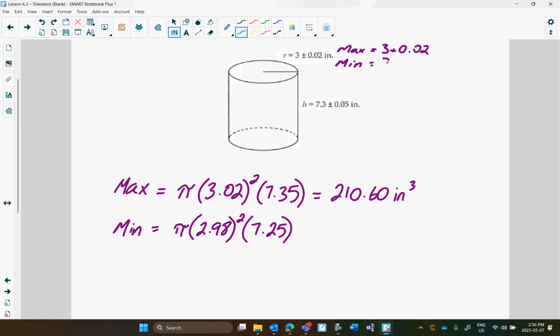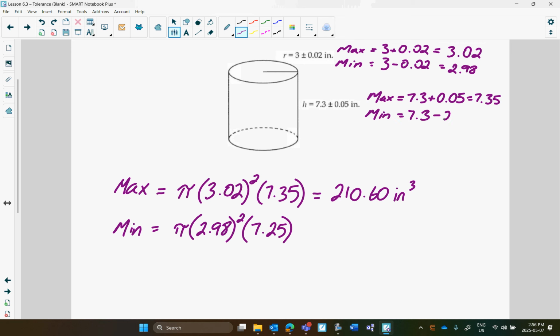Min equals 3 minus 0.02, so that gives me 3.02, and that gives me 2.98. And then here the max is 7.3 plus 0.05, which is 7.35, and the min will be 7.3 minus 0.05, which is 7.25. That's got it, 202.26.